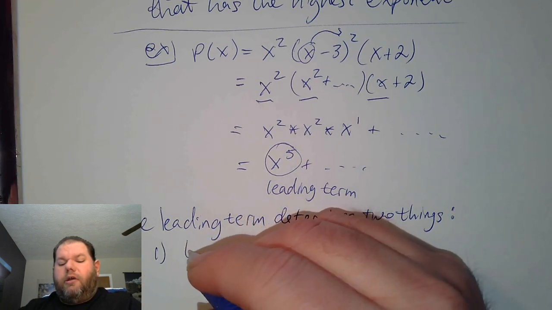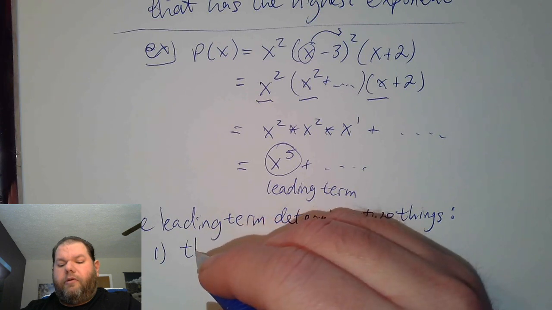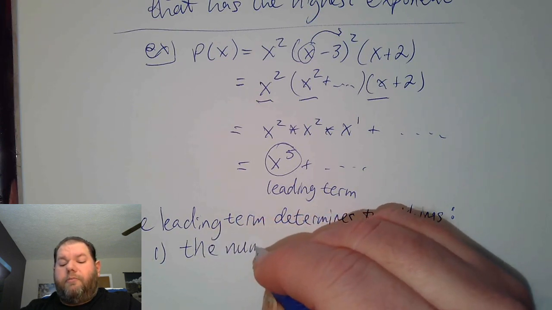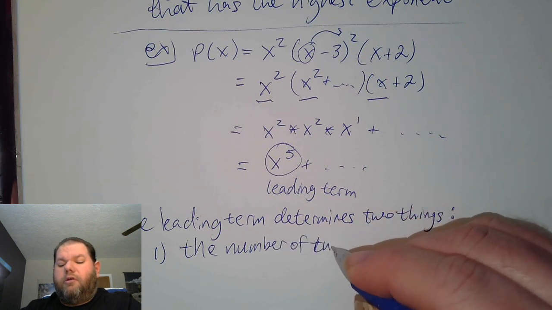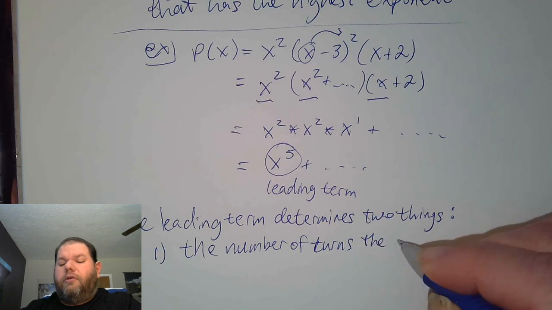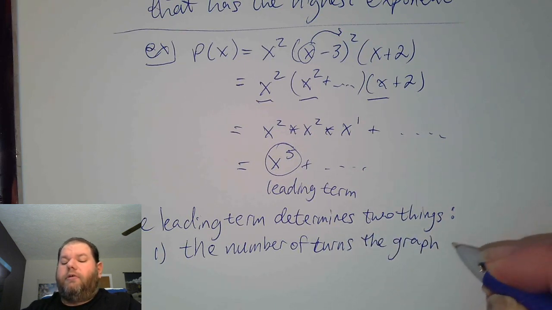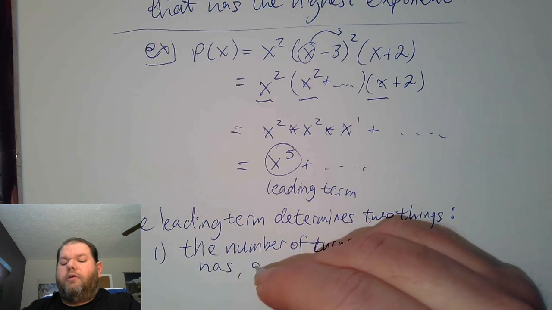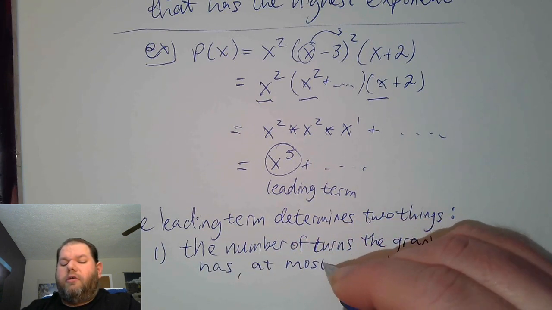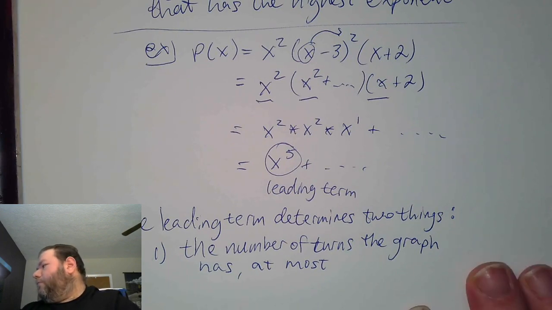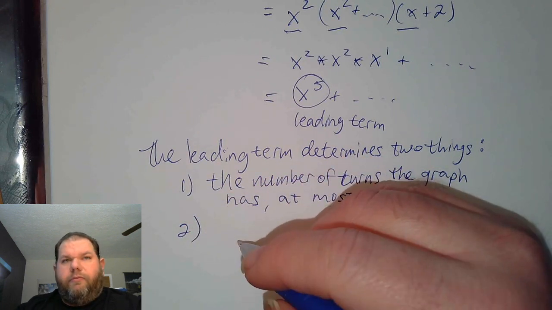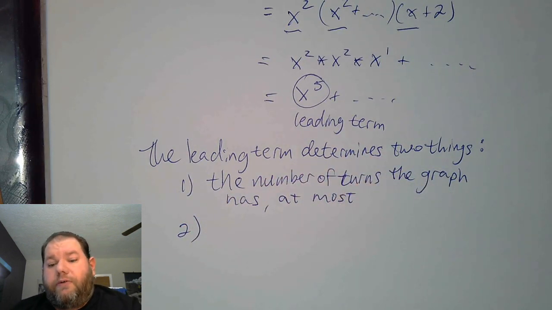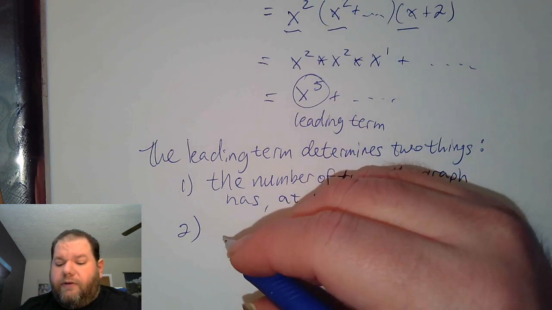One, the number of turns the graph has at most. And two, where the graph goes as it continues to the far left and the far right, beyond the x-intercepts.